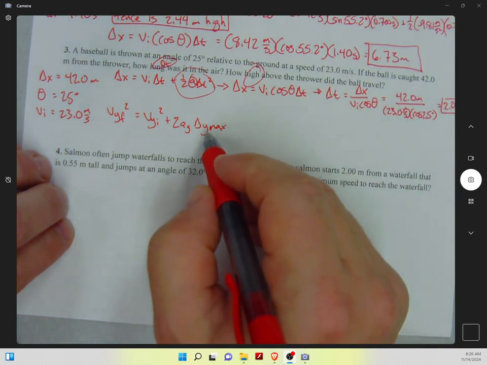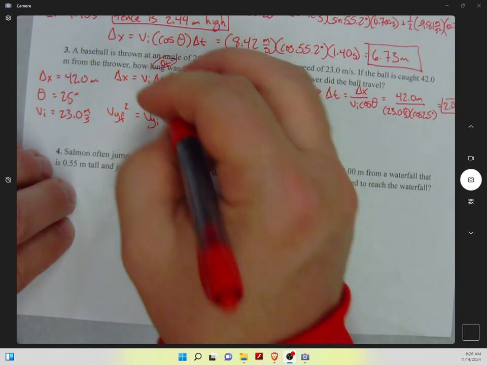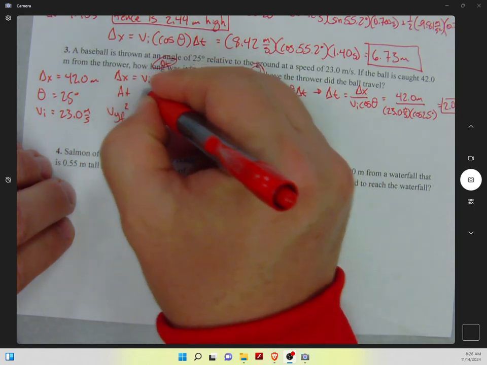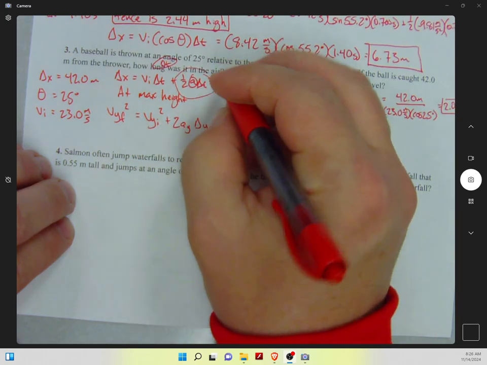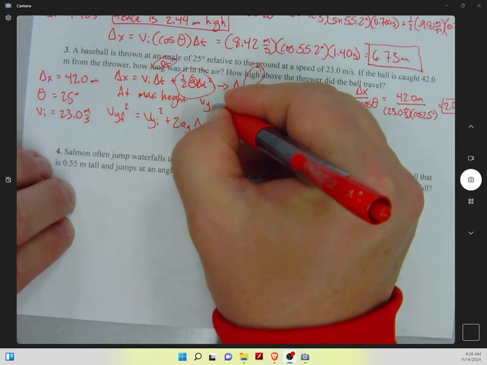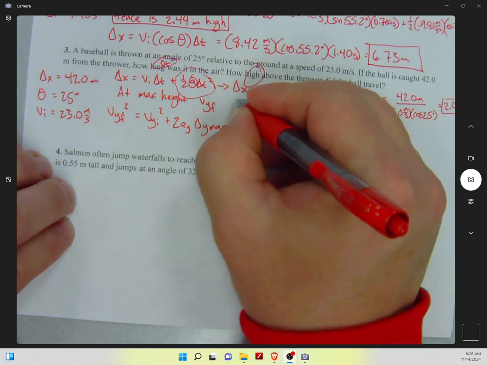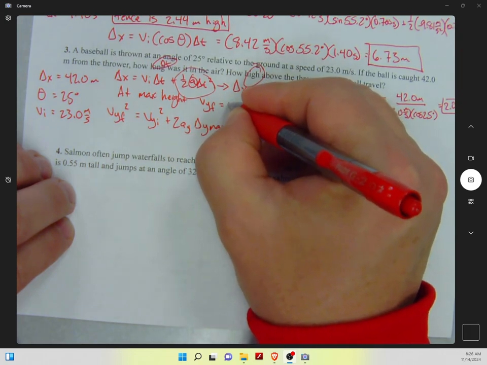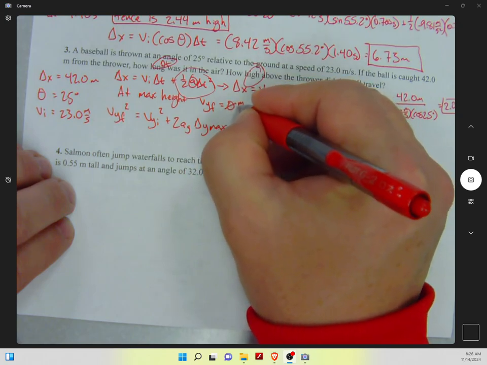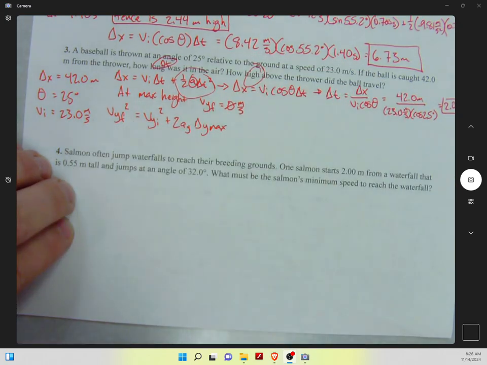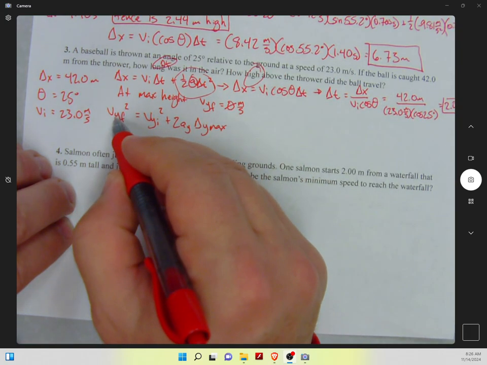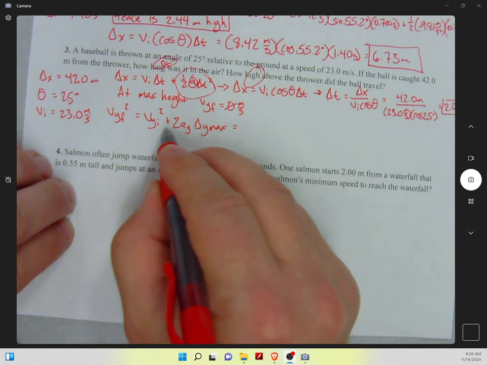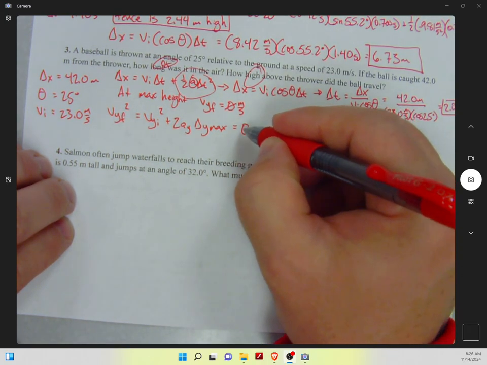It's important to realize that we're going for y max because at max height, the final velocity in the y direction is 0. So this part of the equation is equal to 0.